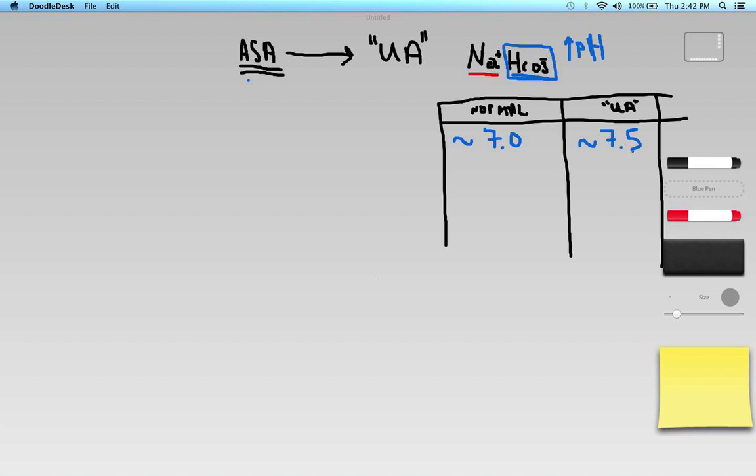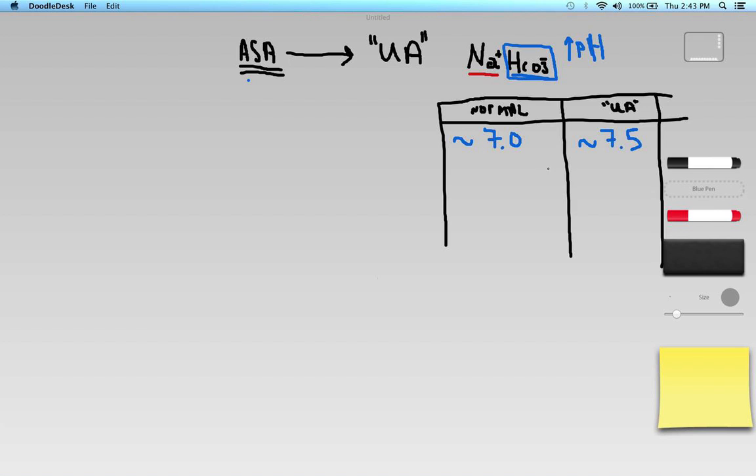So 7.5 is 5 orders of magnitude more alkaline than 7.0. So this is actually significantly more alkaline than this, simply because we're talking about a base 10. That's what our pH is actually representing.